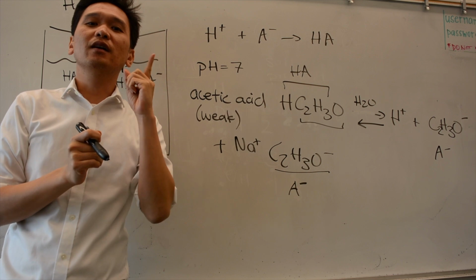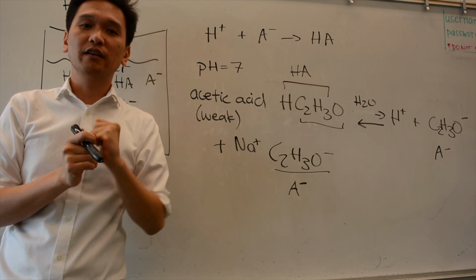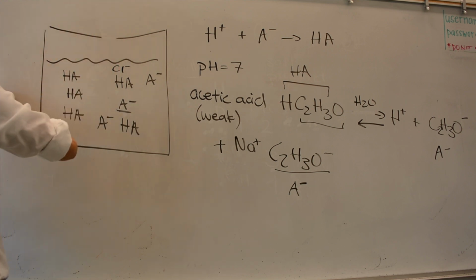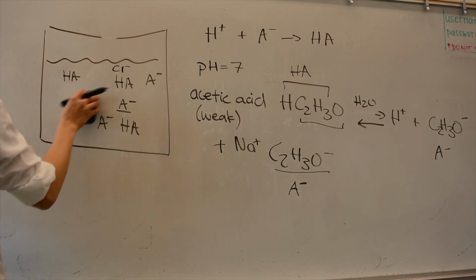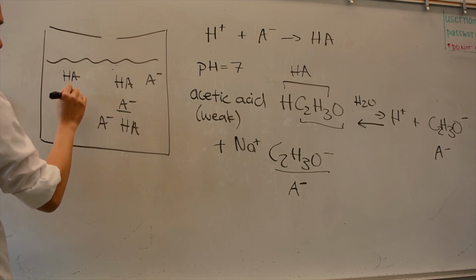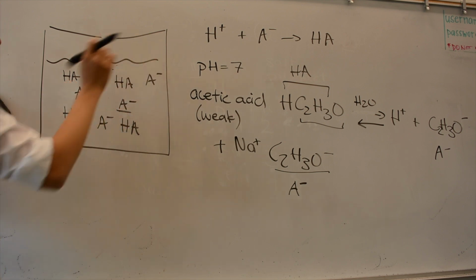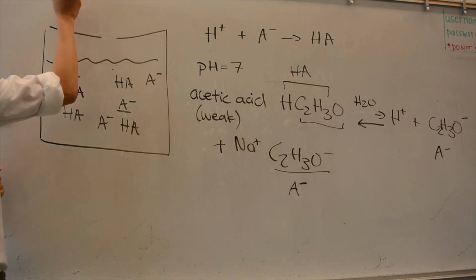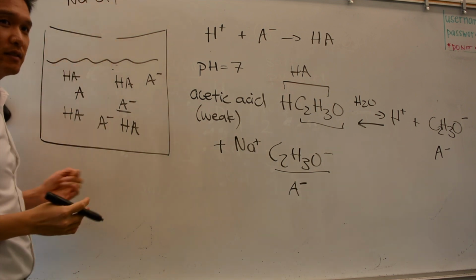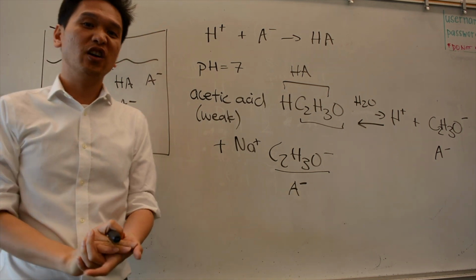Now, a true buffer also protects against addition of any strong base. So let's go back to our original case of our buffer. Now, what's a strong base we could add? We could add NaOH, right? Sodium hydroxide is a strong base.